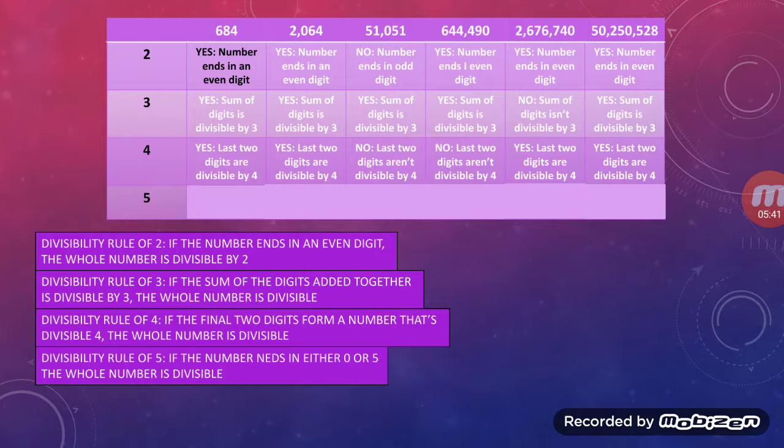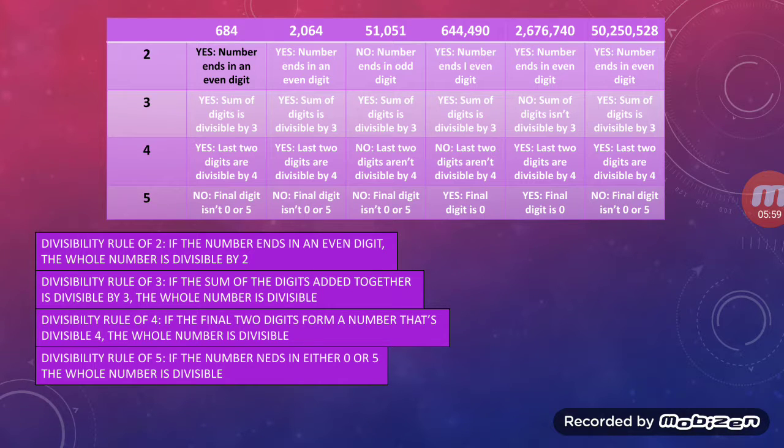Looking at the final digit, the one at the very right, in case you weren't already aware, if the digit is a 5 or a 0, then the entire number is divisible by 5. If it is anything but, it doesn't fly. So going through the example numbers, we see that the only numbers that are divisible by 5 are 644,490 and 2,676,740 because they both end in zeros.